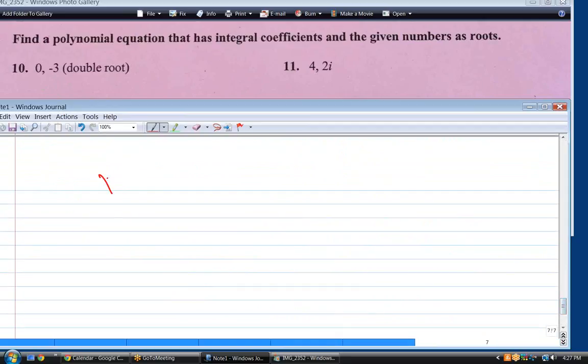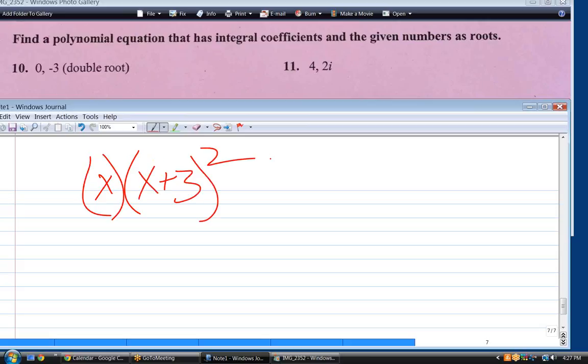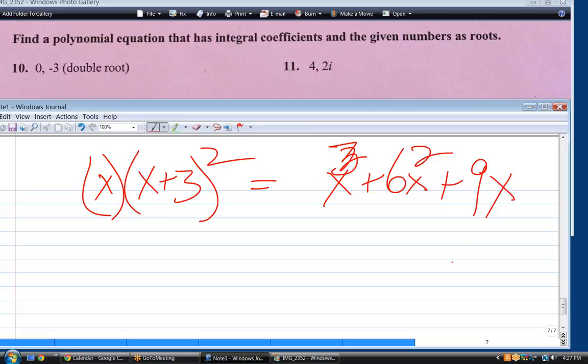It'd be x, and then x plus 3 squared. Which is what? X squared plus 6x plus 9. So there's the answer.